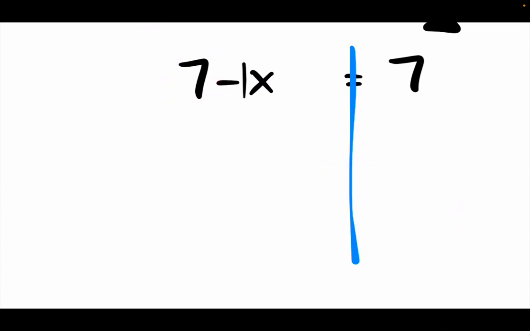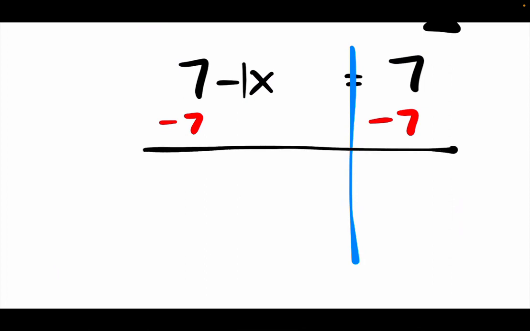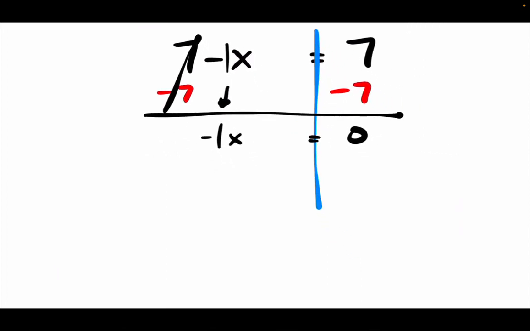Right? So how do I do it? I got 4 options. Add, subtract, multiply, or divide. How do I move that 7 over there? I'm going to subtract. Yep, I'm going to subtract. Since it's +7, divide by -1.